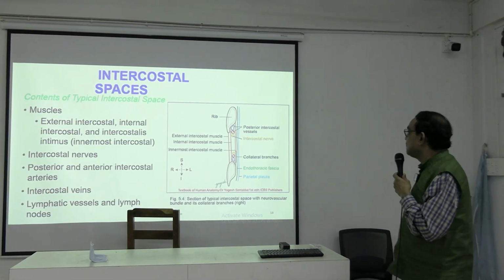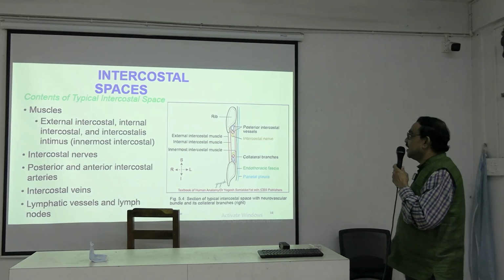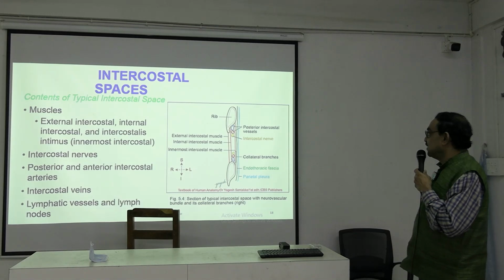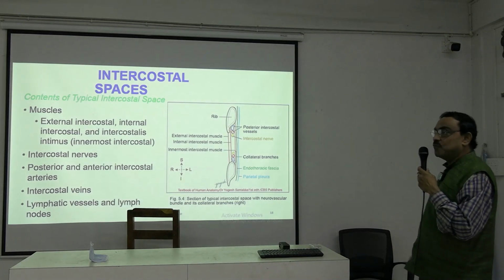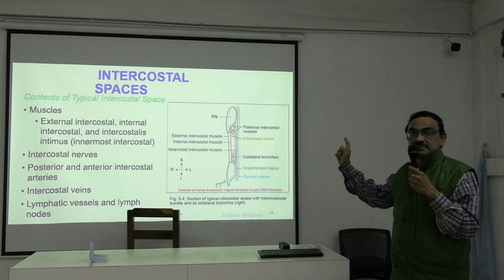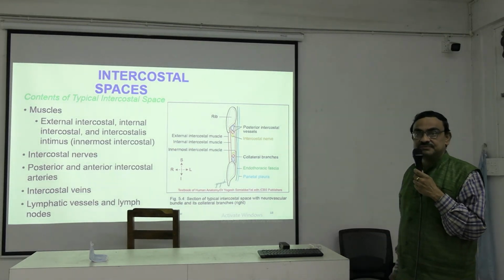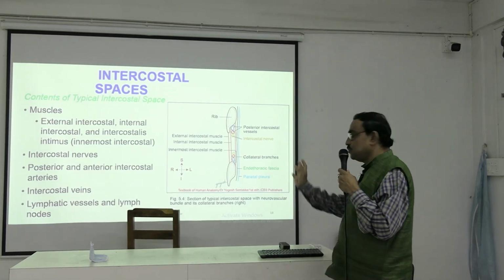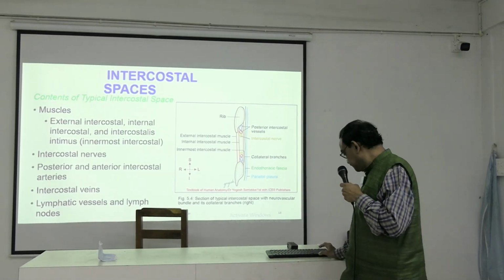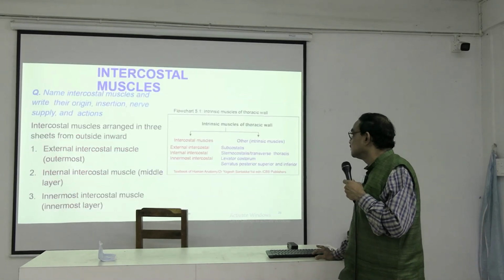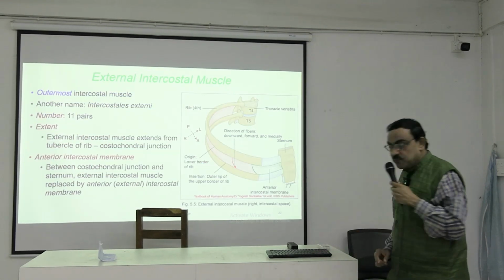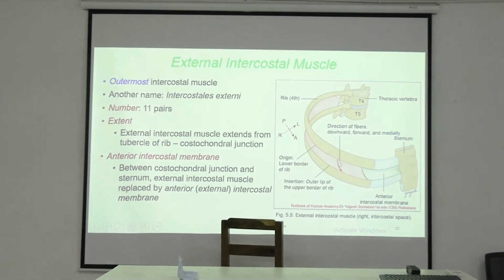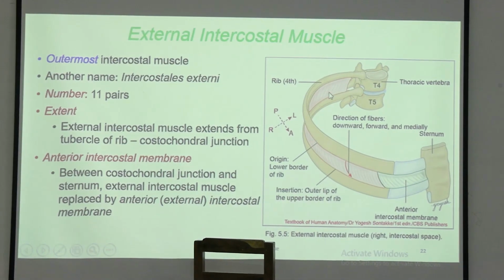Now you can see the vessels, one by one, vein, then artery, then nerve. Now we already have some idea that here we can find the extent of the external intercostal muscle.